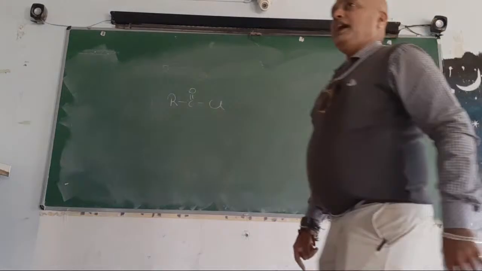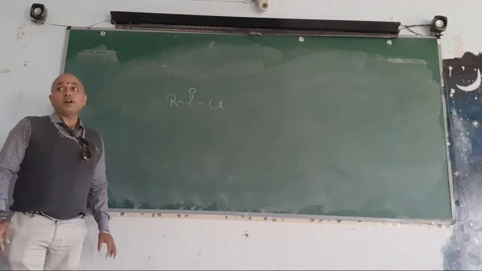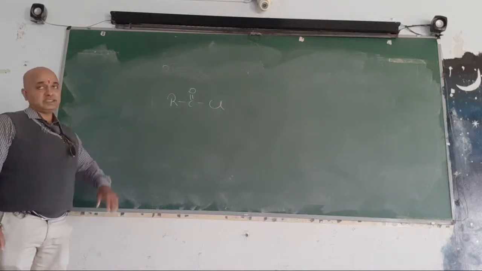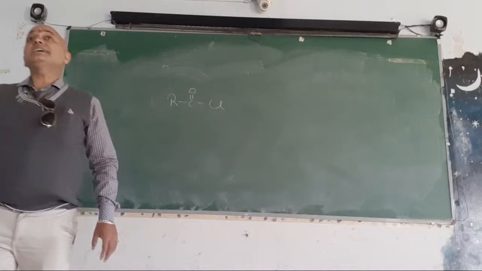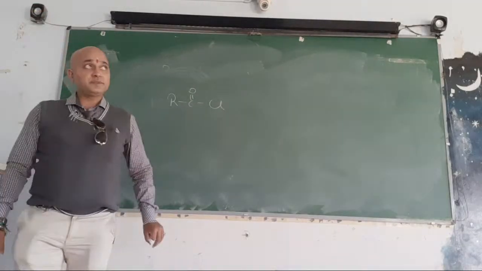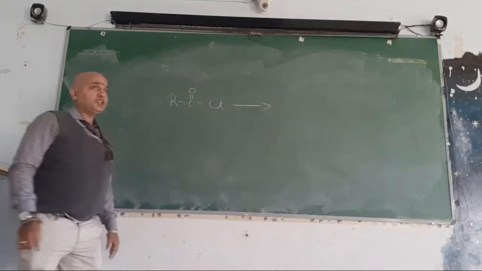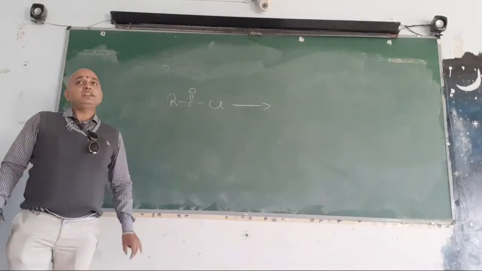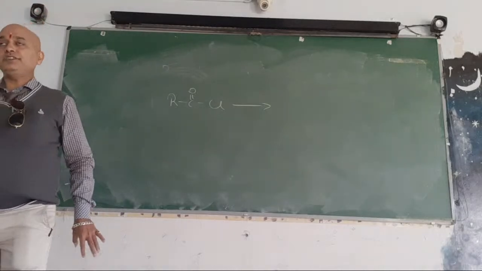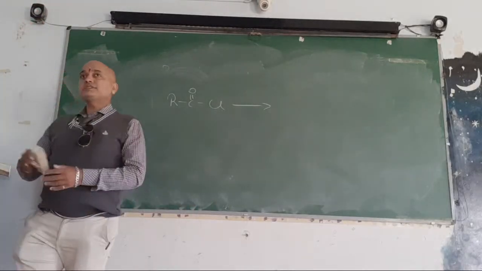Okay, fine. So that's where we have the acyl halides, which can also be called acid halides. You will come to know why it can be called acid halides. Now even this molecule can be converted into acids, that means carboxylic acid. How is it possible?